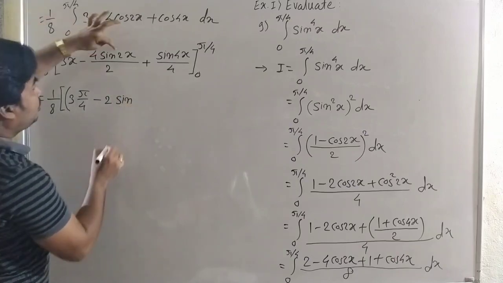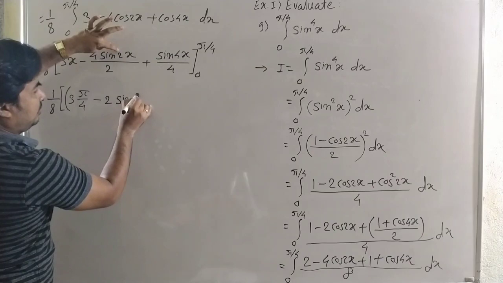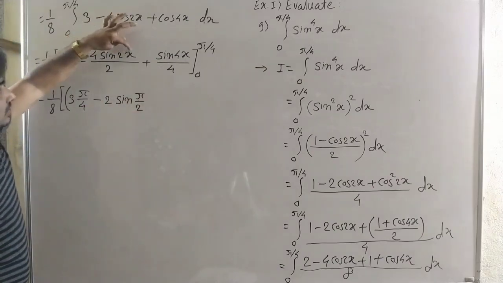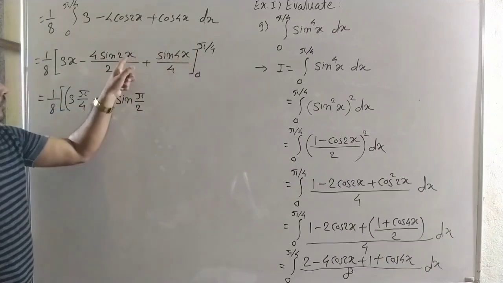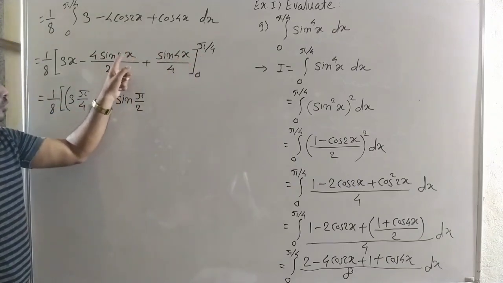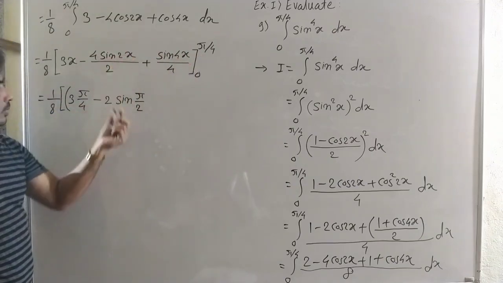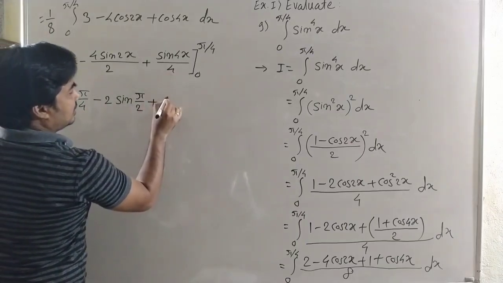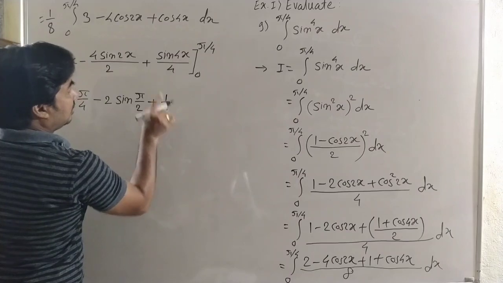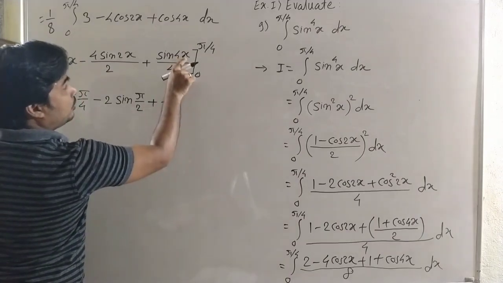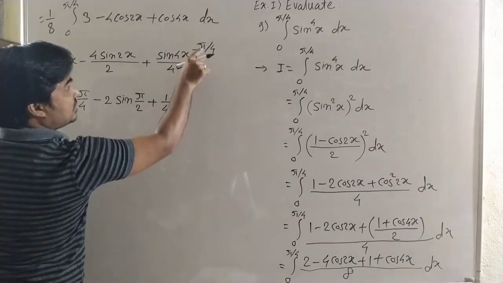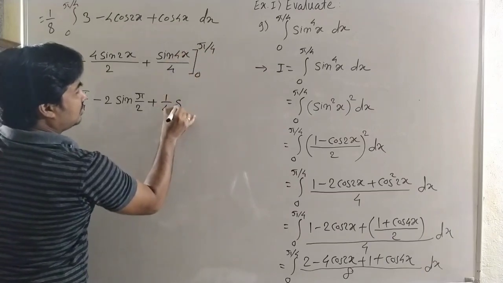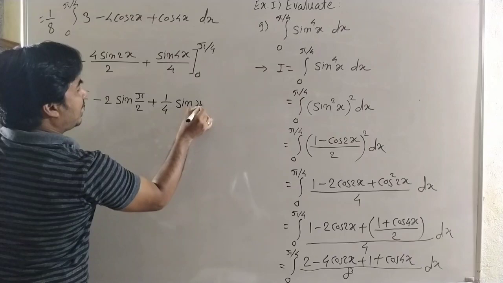Okay, 2 into pi by 4, here we can write pi by 2. See carefully, x replaced by pi by 4. Plus 1 by 4, and when we put x is equal to pi by 4, here 4 into pi by 4, we can write sine pi.